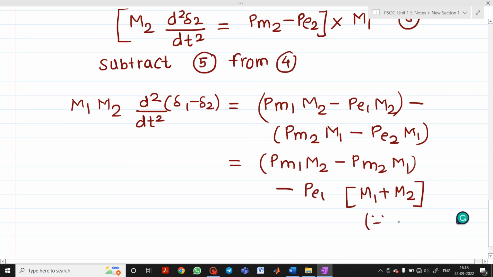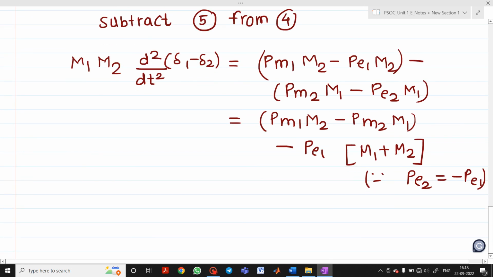Why will you get this expression? Because PE2 is equal to minus PE1, so minus minus becomes plus, so it will be plus PE1. And if you take the minus sign common here, you get M1 plus M2.